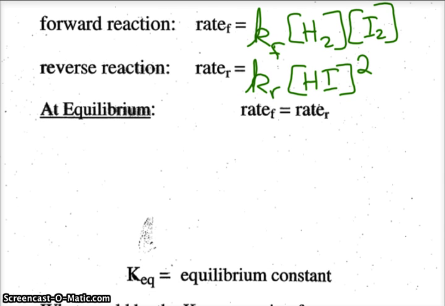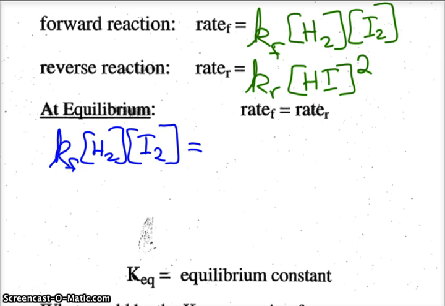So we have k forward times the concentration of H2 times the concentration of I2, and remember you need to use square brackets, is equal to the reverse rate constant, k reverse, times the concentration of HI squared.